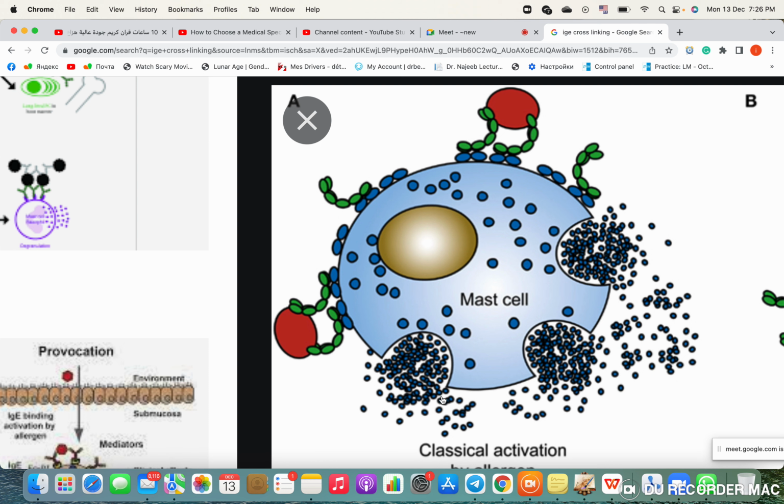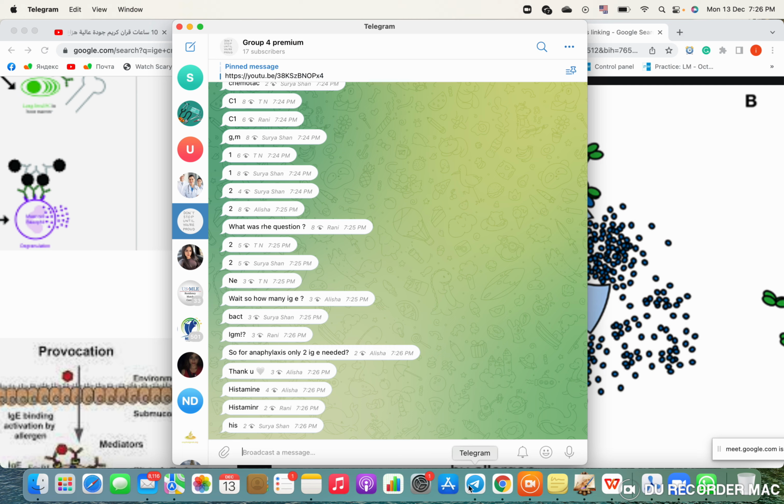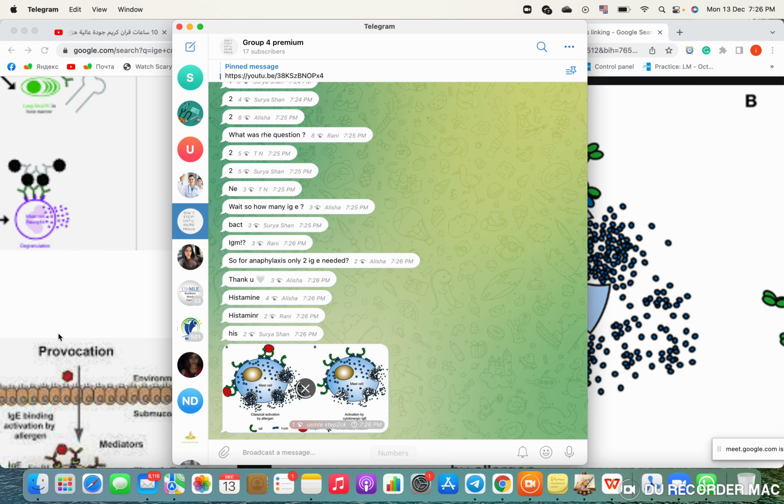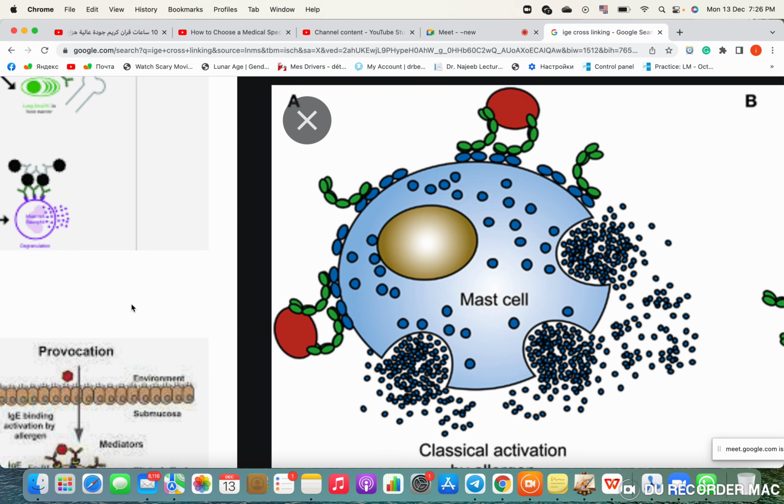Since we have a degranulation of the mast cells, can somebody tell me what degranulates? What goes out of the mast cells? Except for histamine, what else? Yes, excellent.